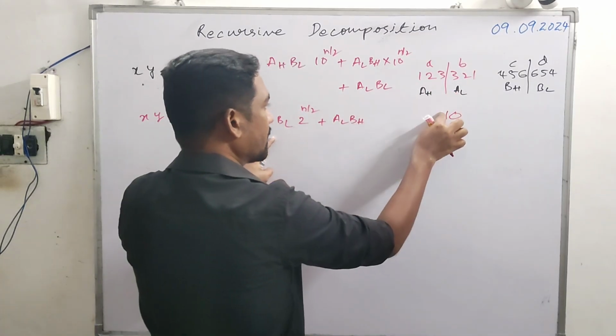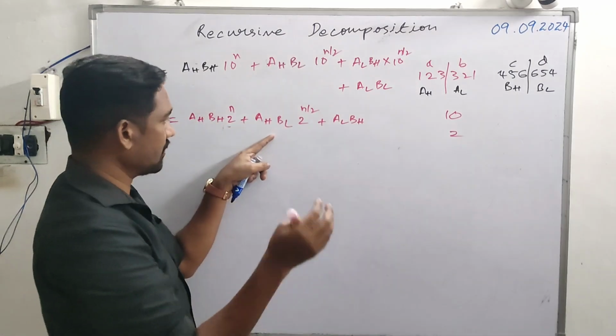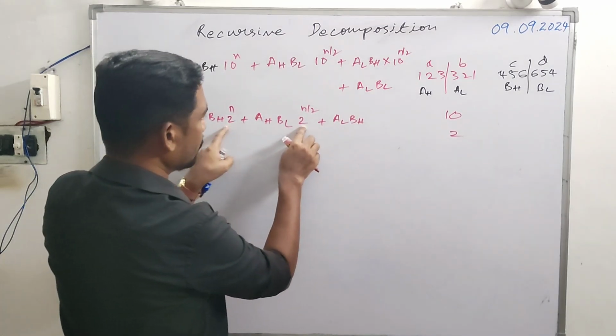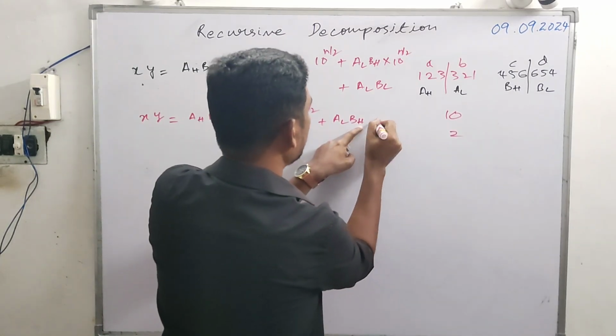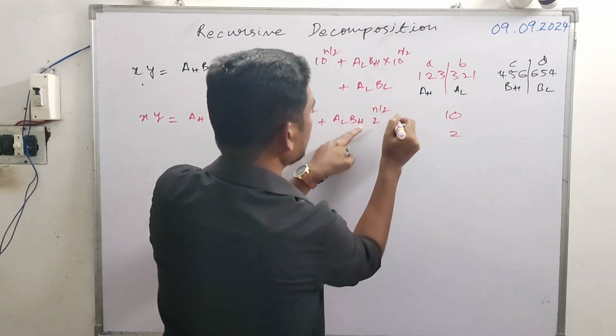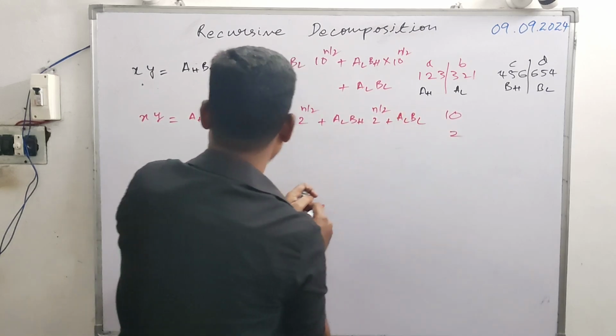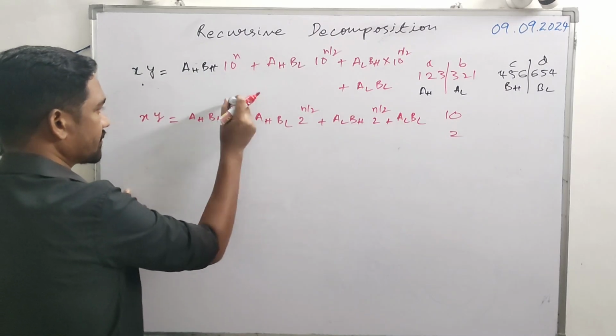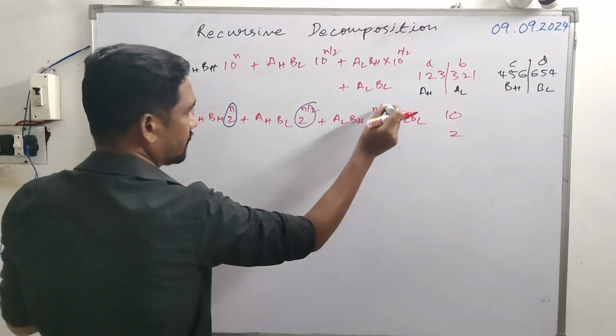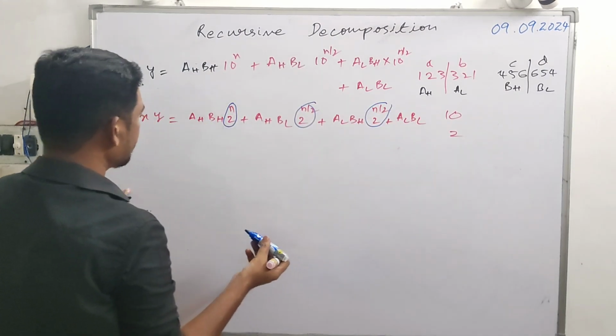We started with a decimal number, and for a binary number the base will be 2, here it will be 2 raised to N by 2. All these are known as shift factors.